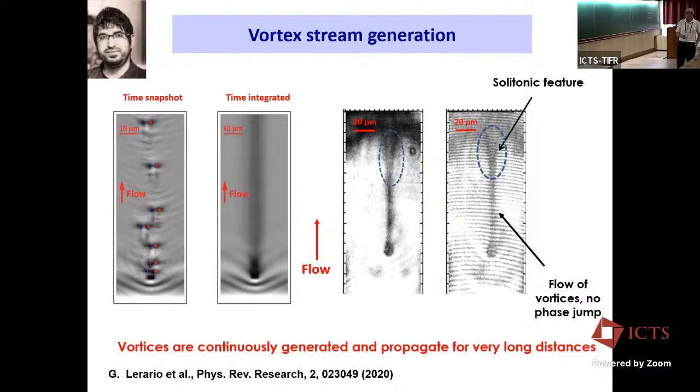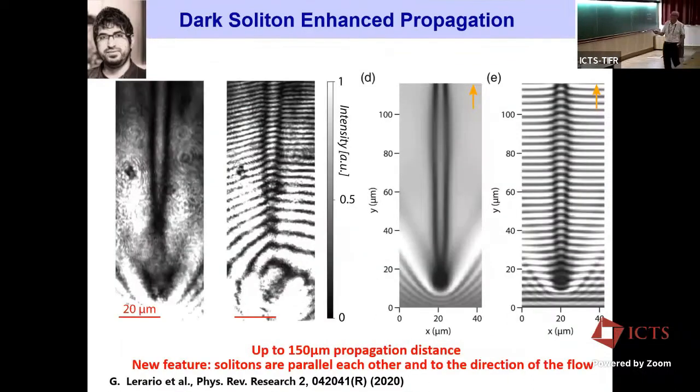And this can also be used to enhance the dark soliton propagation. In this case, we can generate parallel dark solitons with propagation distance up to 150 micron.